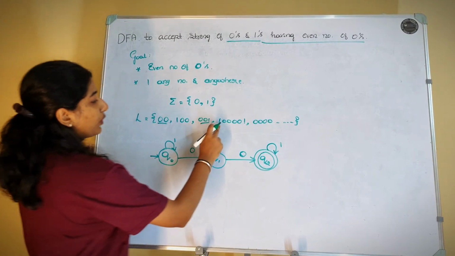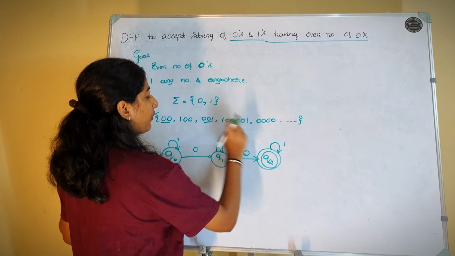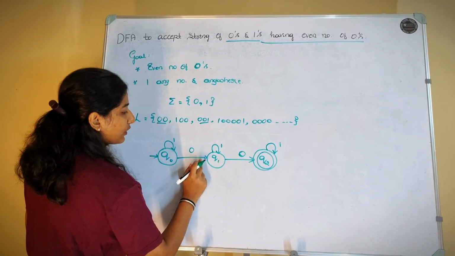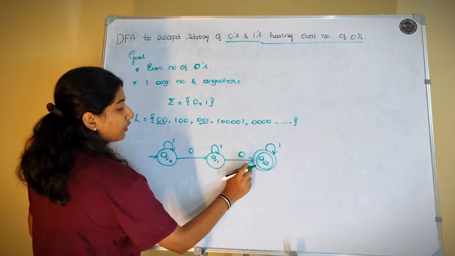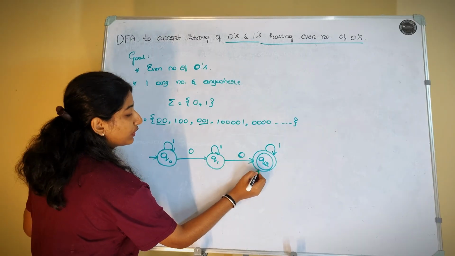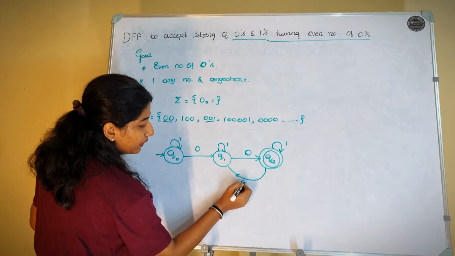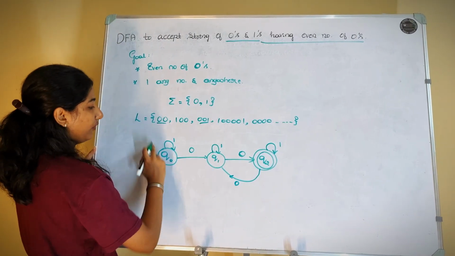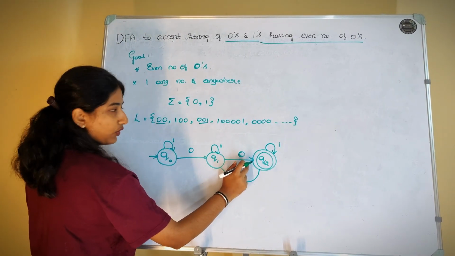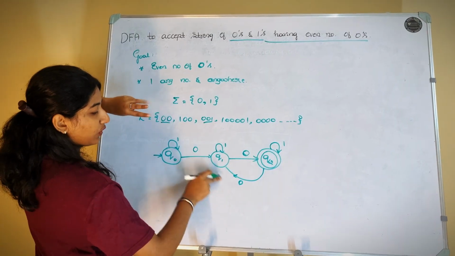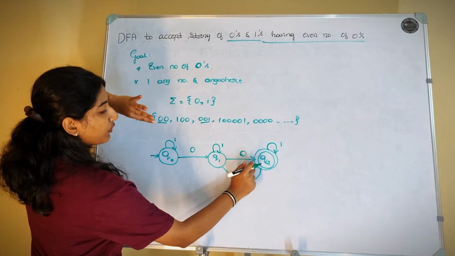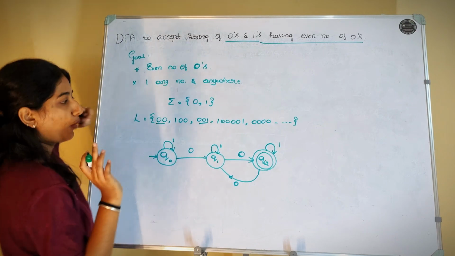So now I have 1 0 0 0 0 1. So 1 0 0. Now what I have to do? So look here, I have to move back to Q1 state. Now check for this one. 1 0 0. 2 0 is done. 0. 3 is done. Again 0. 4 is done. 1. Proper.